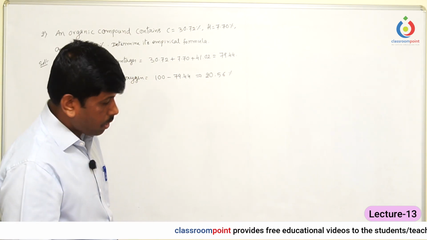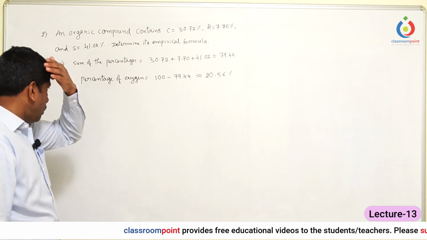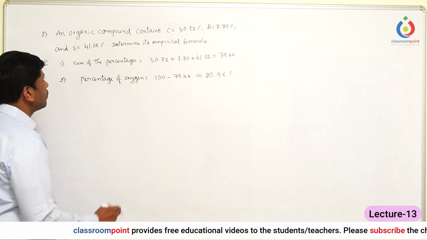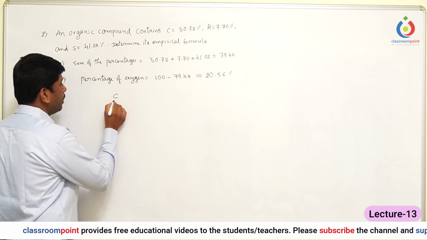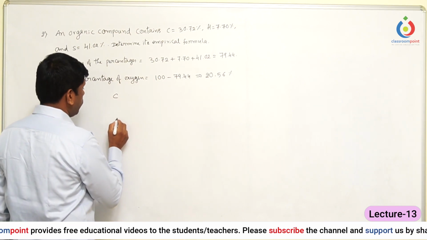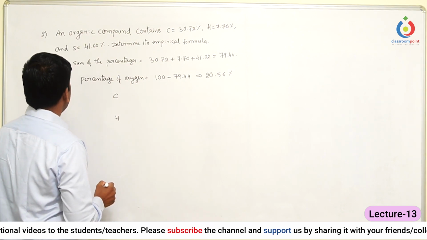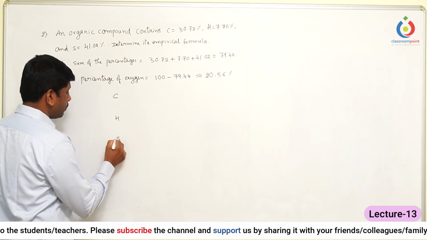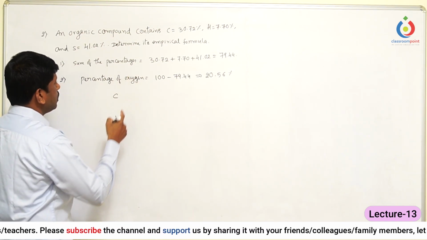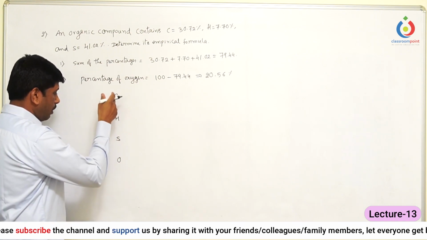So now total percentage values we got. Now let us write down the elements. Given elements: carbon, hydrogen, next one sulfur is given, and oxygen is also given. So now I am writing like this.